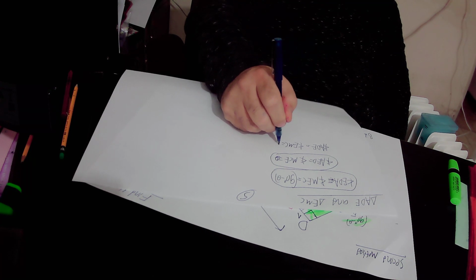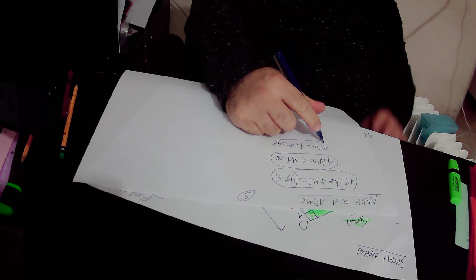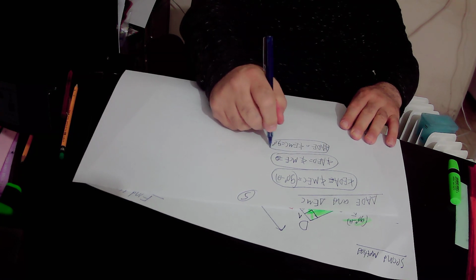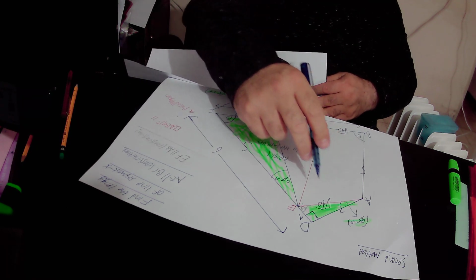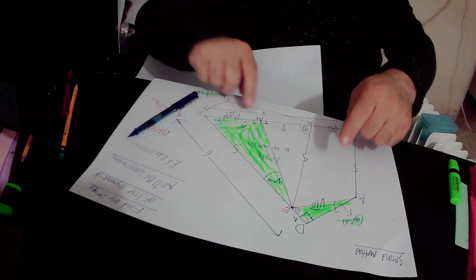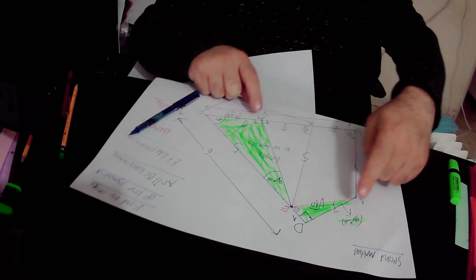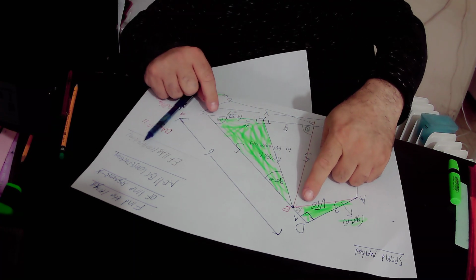They are both equal to 90 degrees, therefore they are equal to each other, of course. So all three angles of this right triangle match all three angles of this right triangle. Here, those two angles are both equal to 90 degrees, those two angles are both equal to 90 degrees minus theta, and those two angles are both equal to theta.